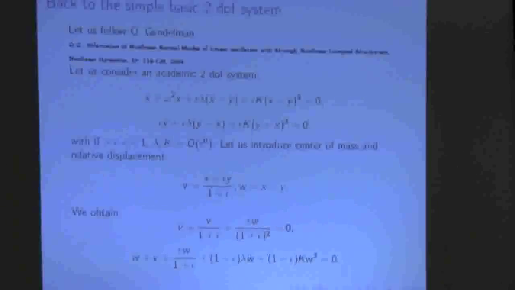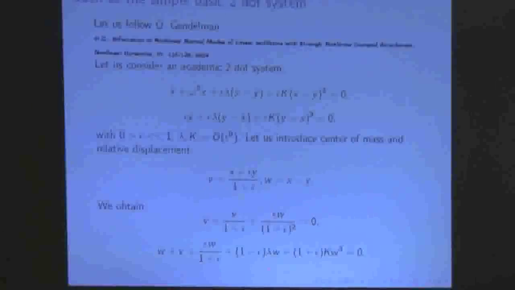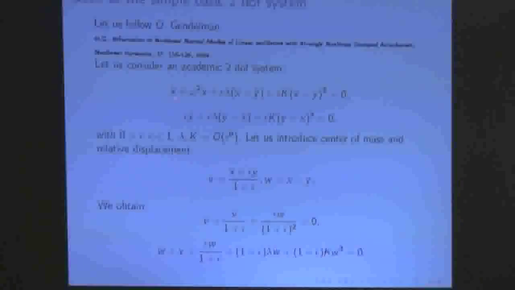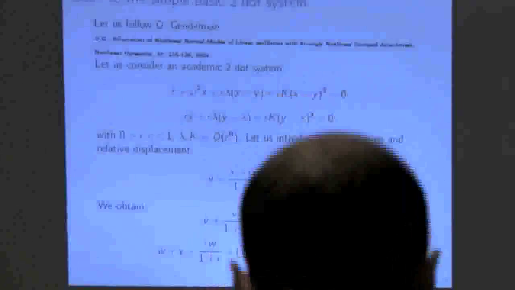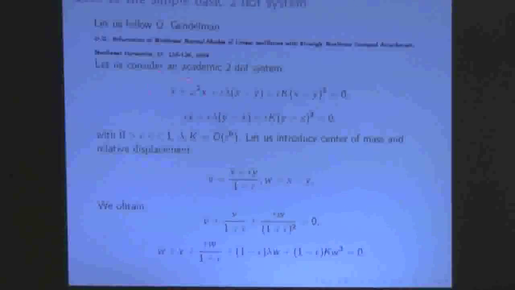So I will consider a 2 degree of freedom system, and what I will explain to you is based on this work by Oleg Gandelman. I consider 2 degrees of freedom, with a main mass that is unity here. If lambda and k are 0, and if epsilon is 0, we have a very simple 1 degree of freedom system without any damping.